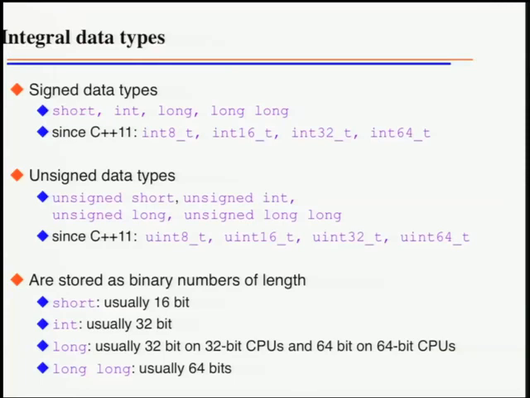If you want to be sure how many bits you get, you can use these int8, int16, and so on types. Then there's the unsigned alternative of all these types, which do not have a sign bit, so they can only store positive numbers. And all these store the number in binary format, of course.